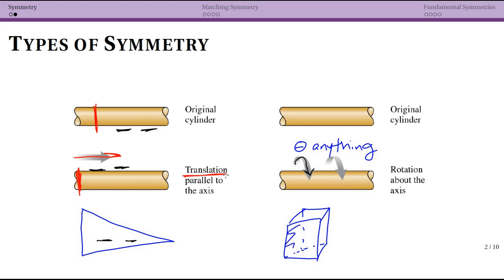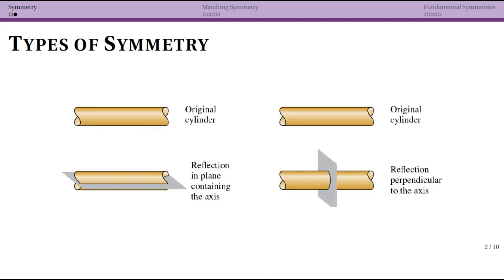We can take this side and rotate it around to the front. But in this case, we would have theta of 90 degrees rotational symmetry, and only around, of course, the axes through the different sides. So in some cases, you have a limited rotation, and in other cases, like the cylinder, i.e. any type of circle, you have this pure rotation, so any angle is okay.